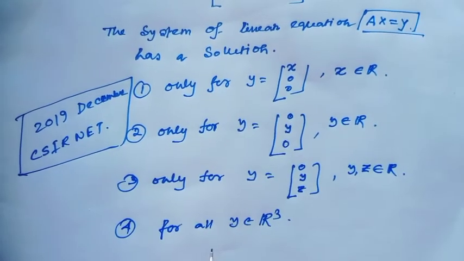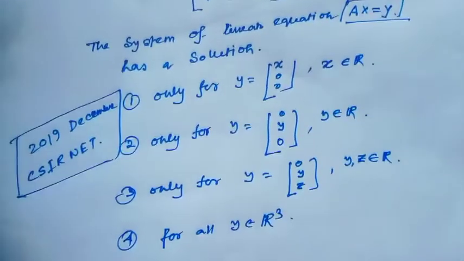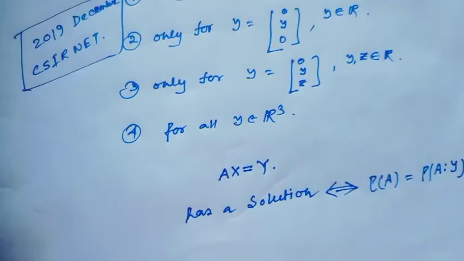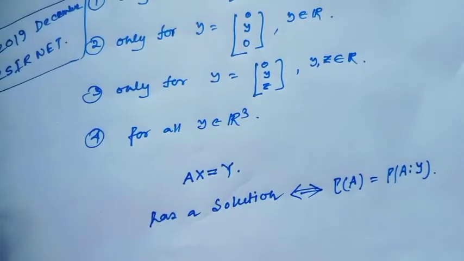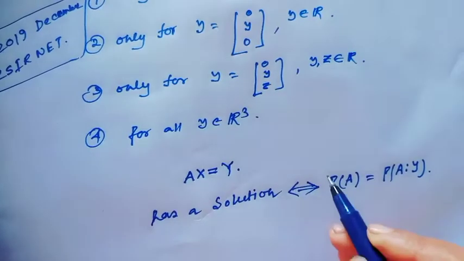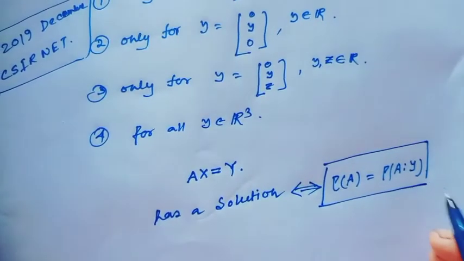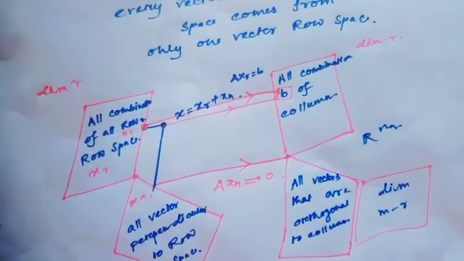Option 4, for all y belonging to R^3. This is a problem on a system of non-homogeneous equations. We all know a system of non-homogeneous equations has a solution if and only if rank of A equals rank of the augmented matrix. First, recall my previous video.